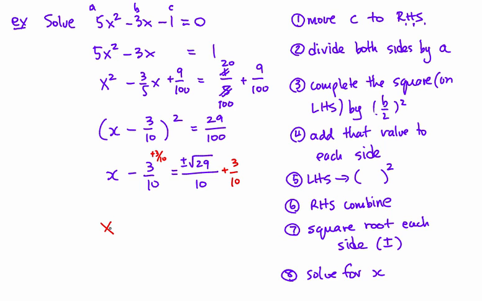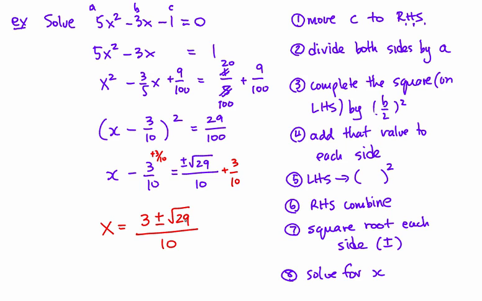So on the left-hand side, I get x, and on the right-hand side, I have a common denominator of 10, so I can just add these two top parts together. So I get 3 plus or minus root 29, because there's two solutions. There's 3 plus root 29, and there's 3 minus root 29 on the numerator. All of that is divided by 10.